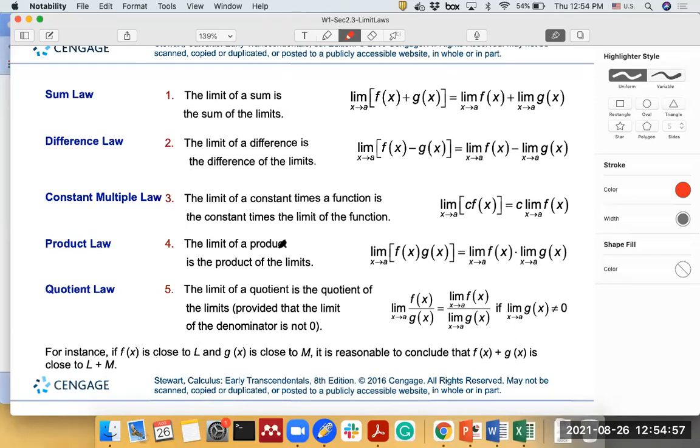And the next one, the product. The limit of a product will be the product of limits. The last one, the limit of a quotient will be the quotient of limits. And the last one is very tricky.